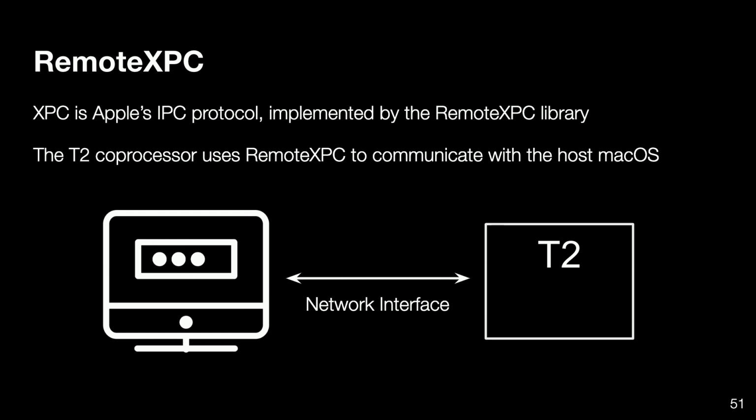But before we get into talking with the T2 chip directly, let's step back and look at what the communication channel with the T2 actually looks like. The T2 uses Apple's proprietary IPC protocol, XPC, and the remote XPC library to communicate with the macOS host.